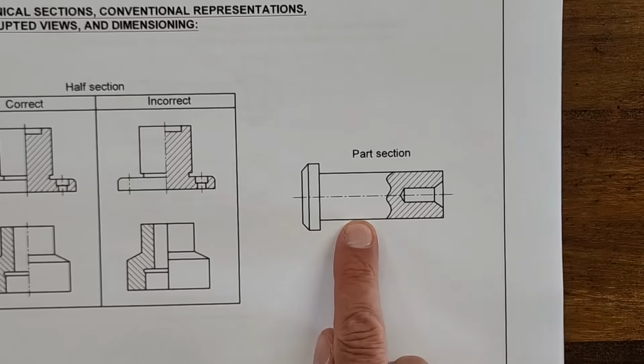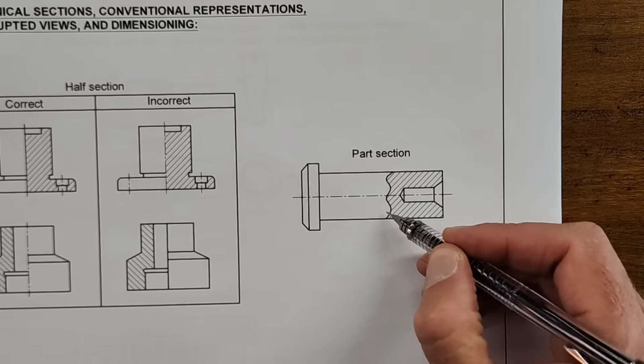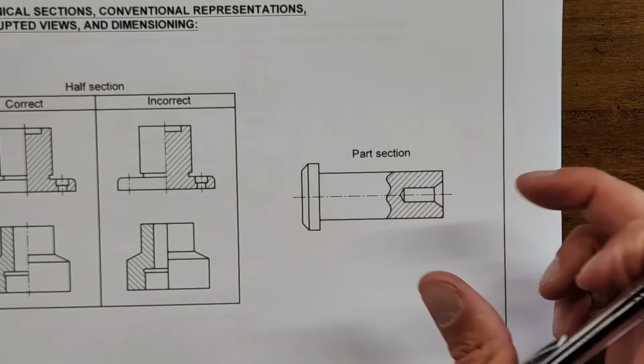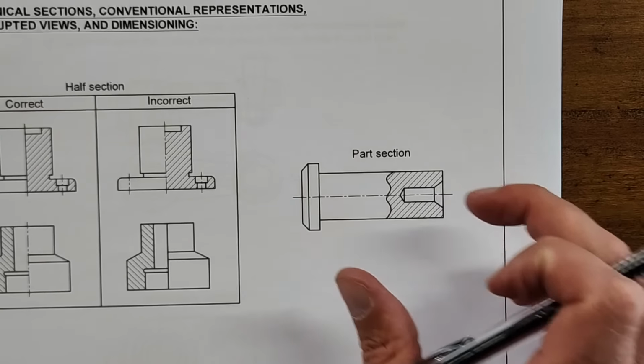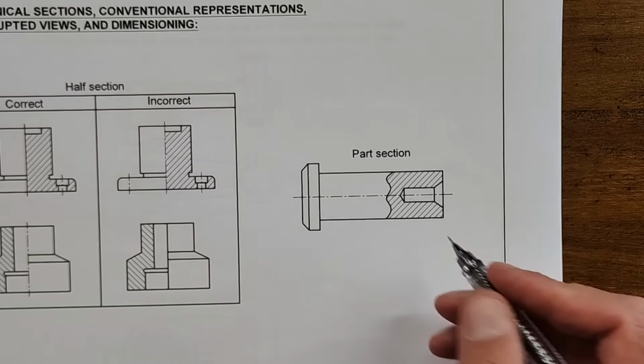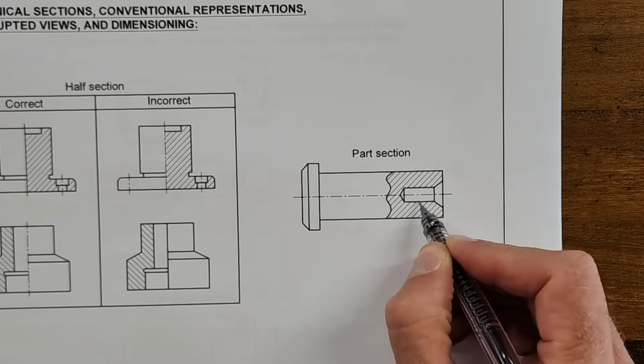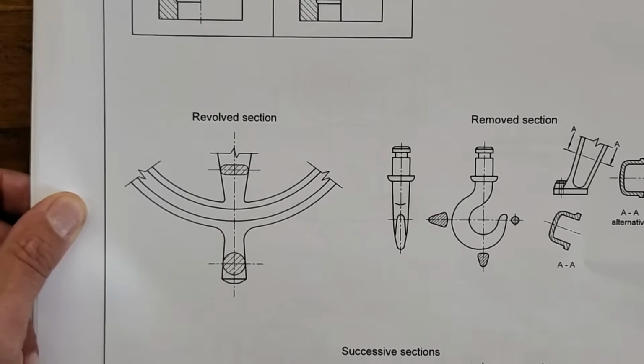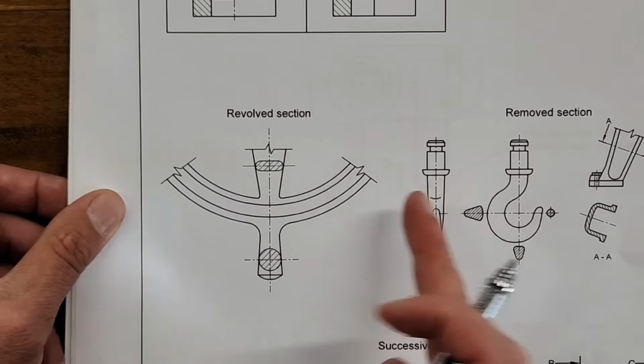These are the two correct ways. A partial section is shown here. Remember, this is always drawn freehand, and that's when you, on something like a stud or a shaft or a fixture, want to show more detail, you're just going to do a partial section and hatch that. The revolved section is indicated here.